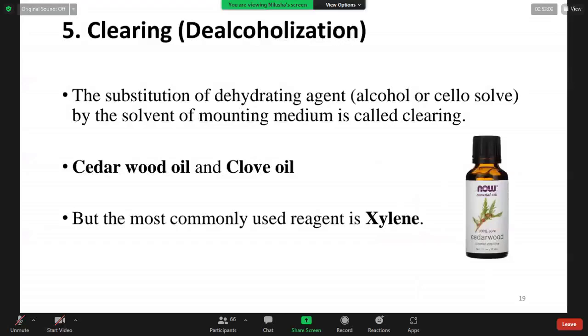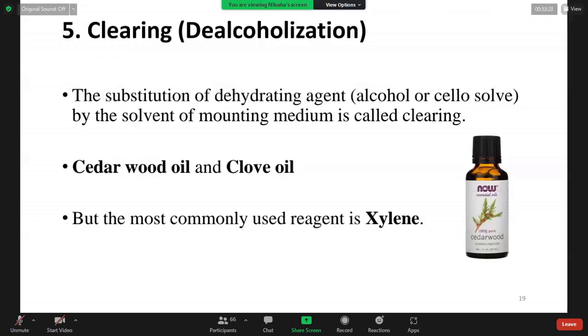Next one is the clearing. For the dehydration, we used alcohol. Now in clearing, we are going to remove the alcohol. Substitution of the dehydrating agent alcohol by the solvent found in the mounting medium is called clearing.